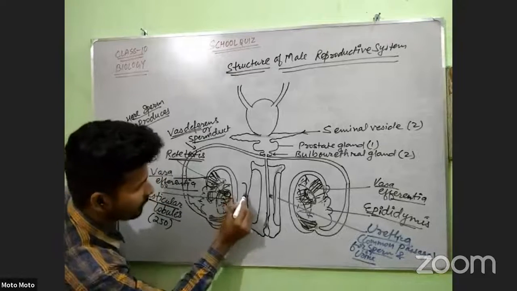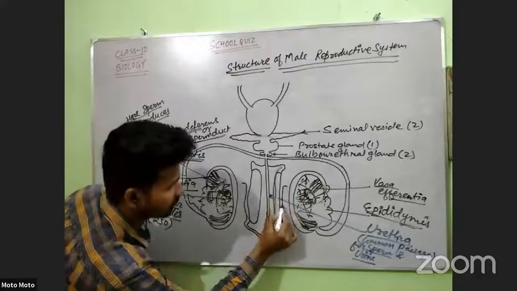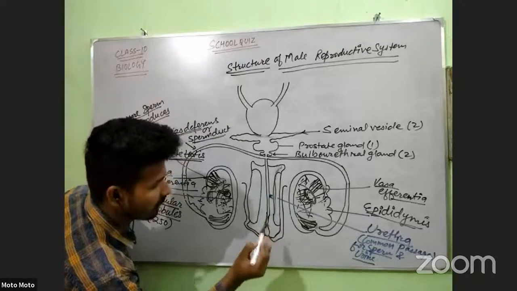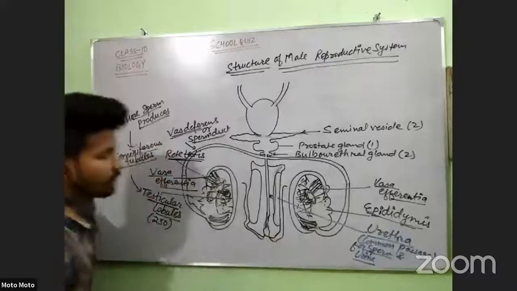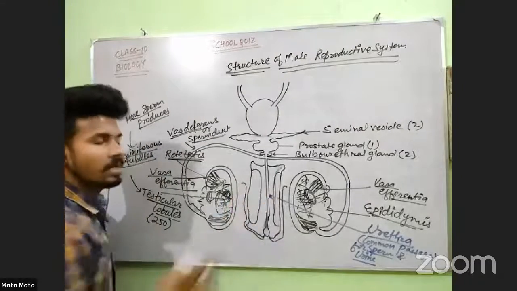So in the upper section of this part, we will have a covering. Because of the lack of space, it is not made perfectly, but somehow the diagram is visible to you.